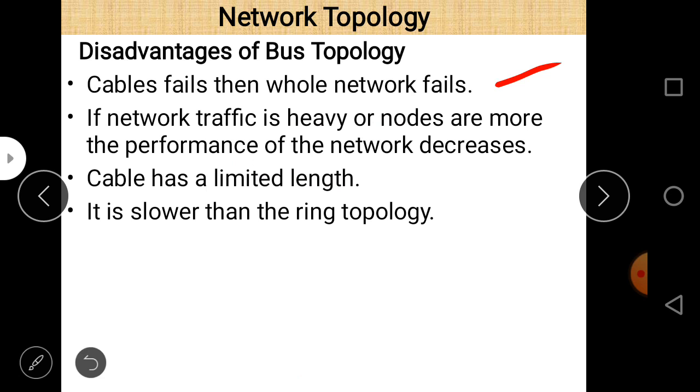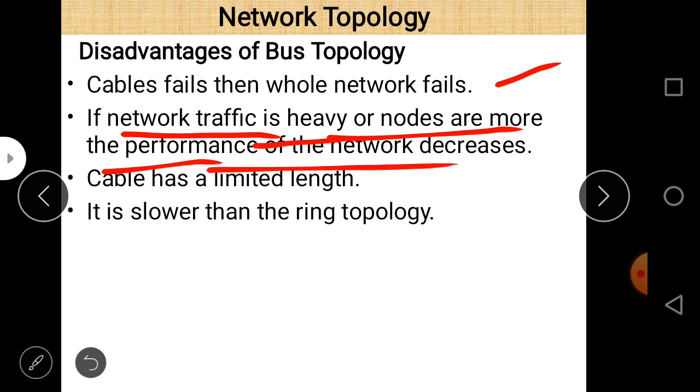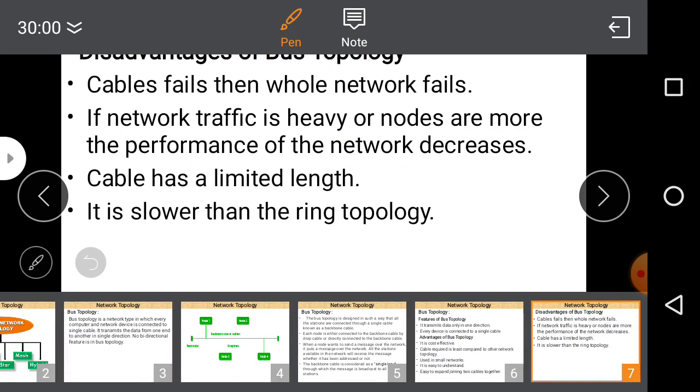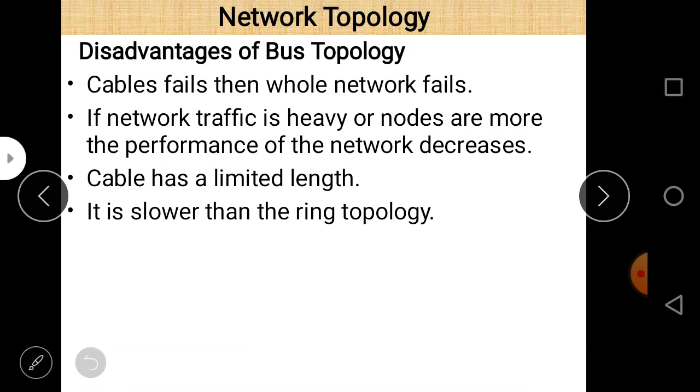So if there is a problem in the backbone cable, then the whole network fails. If network traffic is heavier or there are more nodes, the performance of the network decreases. The cable has a limited length and it is slower than the ring topology.